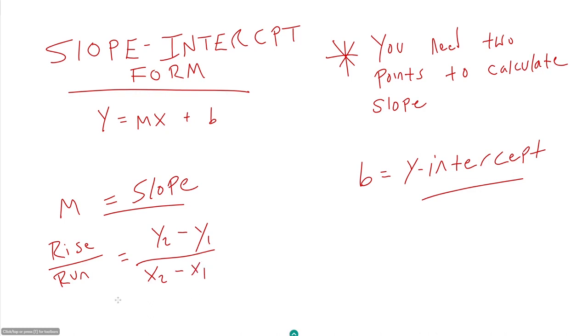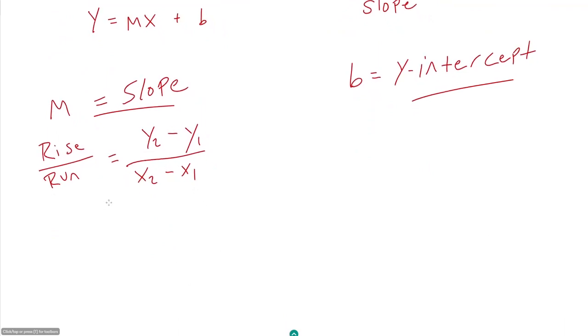It does not matter what you call your y2 or your y1, as long as your x coordinates match up. So your x2 must match up with your y2, and your x1 must match up with your y1.